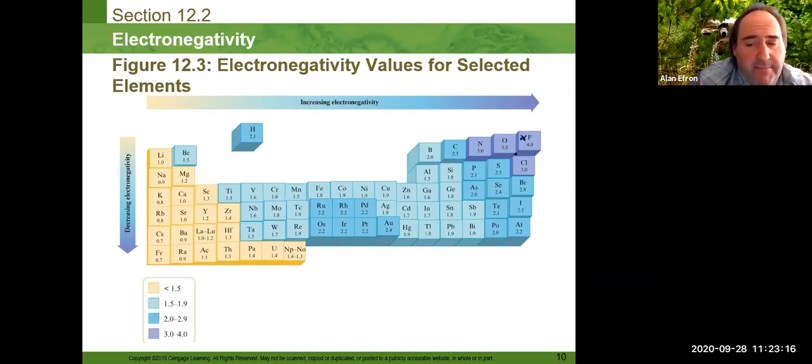And that's going up and to the right. You can see it gets greater in terms of electronegativity. Going left and down, we have a decrease in electronegativity as well. And we could use these values to determine what we would expect to happen if we put two things together. So let's take a look at some examples here, just to see how we use this to answer those questions.